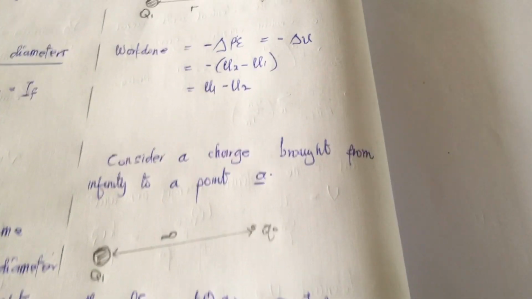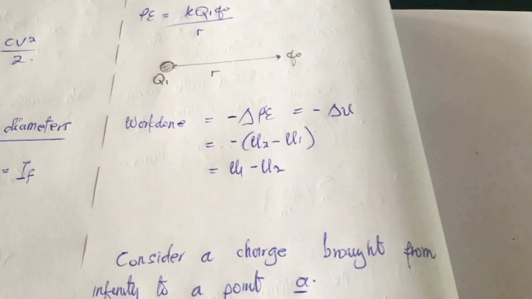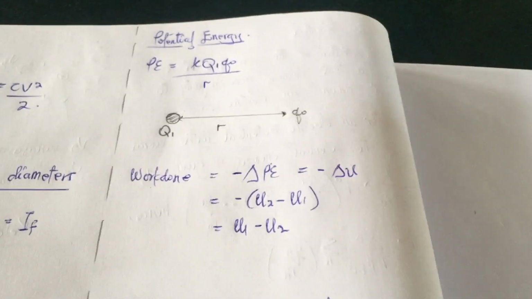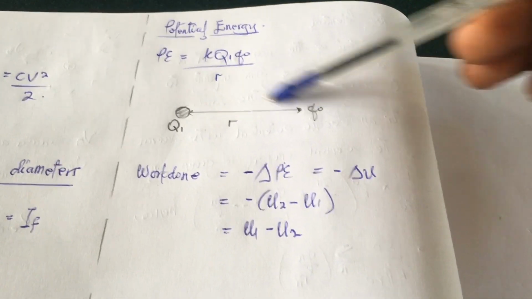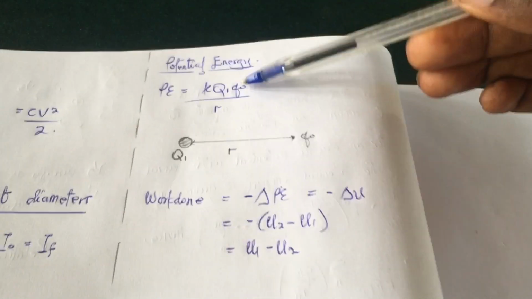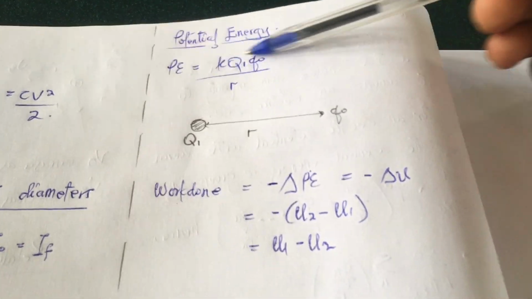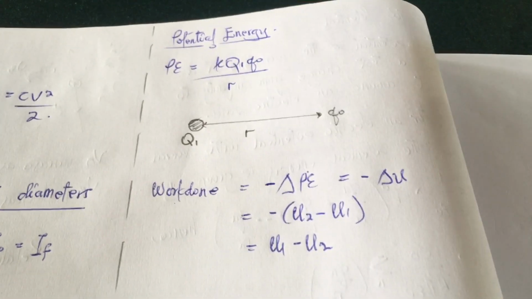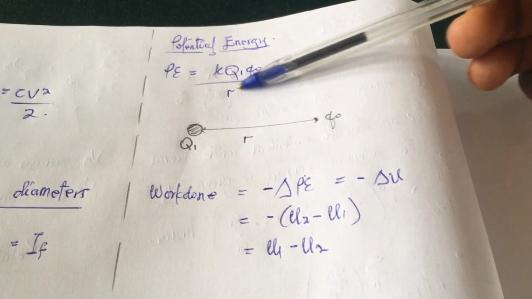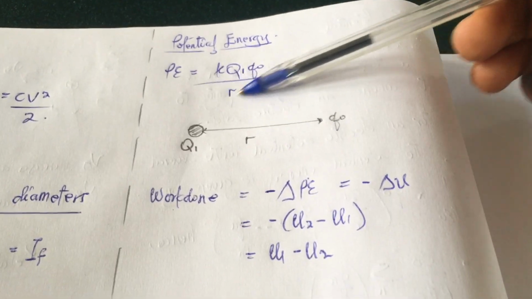We already know the formula for work done: work done is equal to the negative change in potential energy. If initially it was at infinity, we can make an analysis from this formula. If the distance is at infinity, then the value is very, very large.